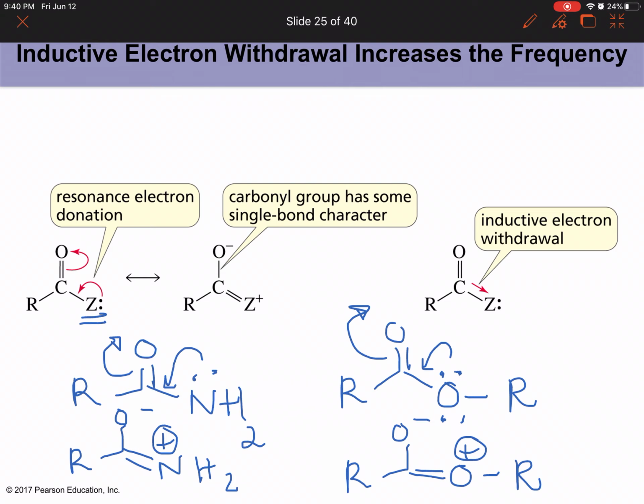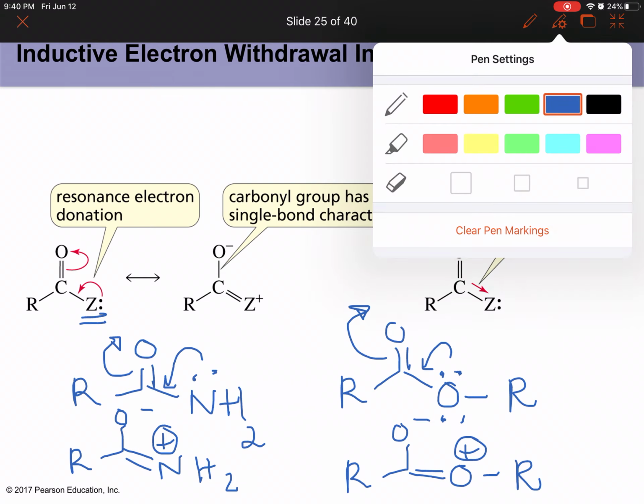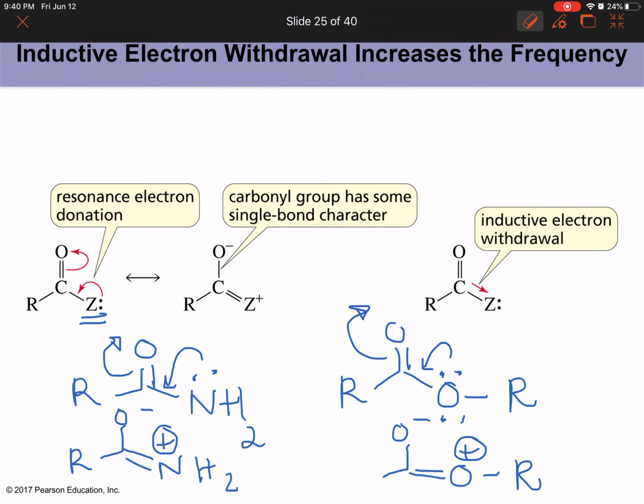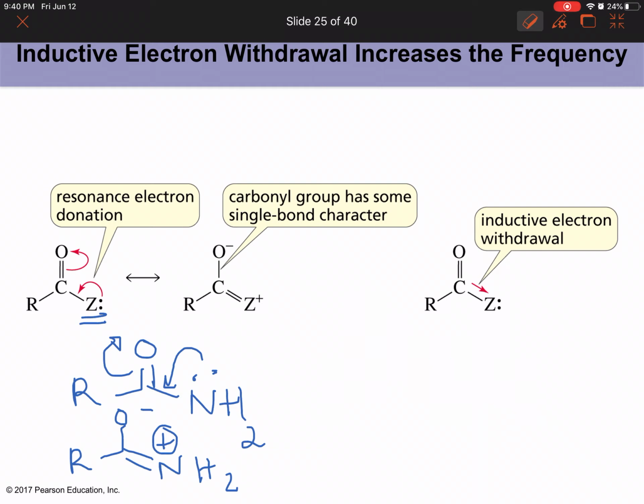Whereas the other one, where we have the ester, it's more likely inductive electron withdrawal. So you can have RCOO, inductively electron withdrawing by the oxygen.